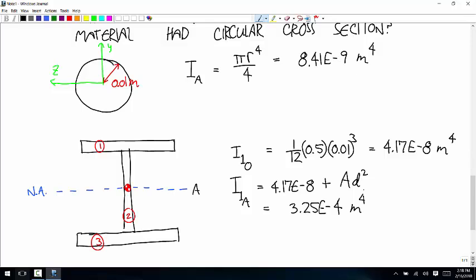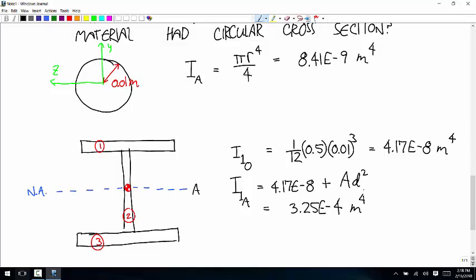Okay, so notice that if you first just looked at this, you'd sort of wonder, what's the point of having this rectangle oriented horizontally? Because you get so much more value out of having the height big and the width small, you know? But then you see that this really isn't the important contribution to this big area moment of inertia.